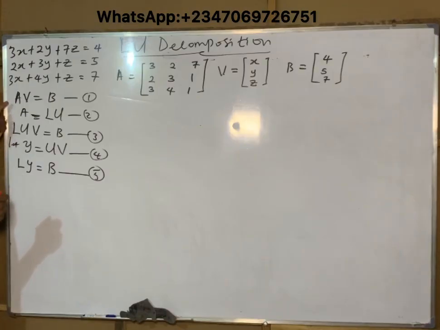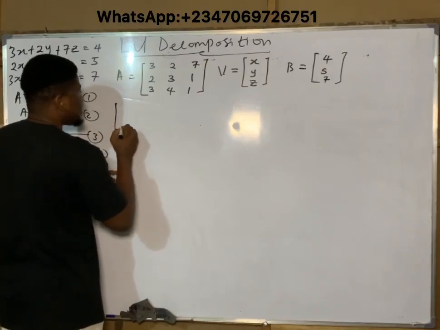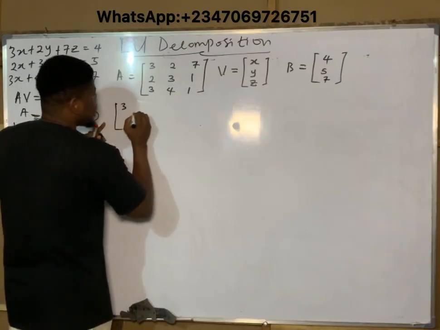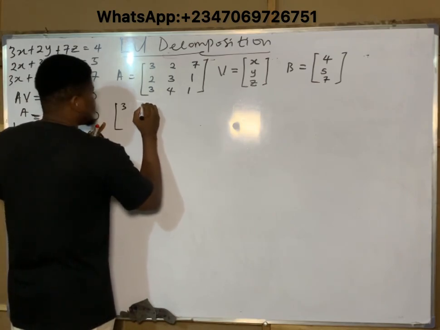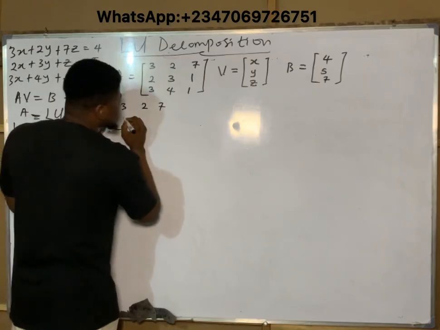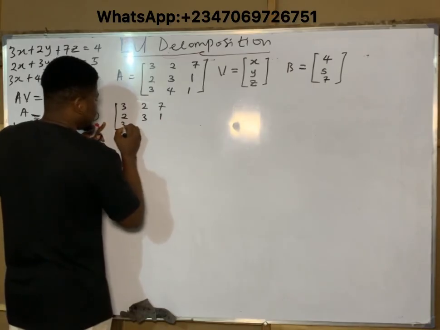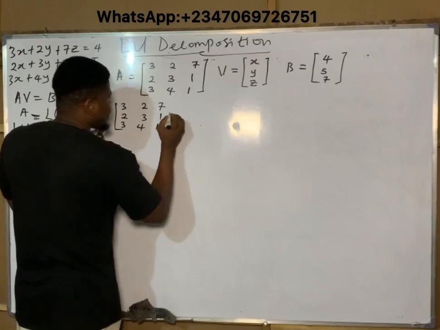The next step is to convert the coefficient matrix into a lower and upper matrix. So my coefficient matrix becomes 3, 2, 7, 2, 3, 1, 3, 4, 1.